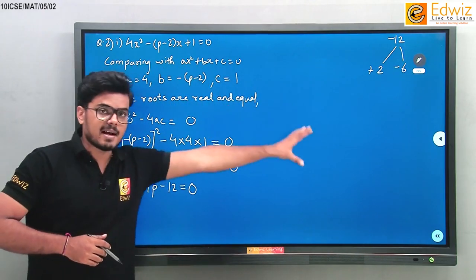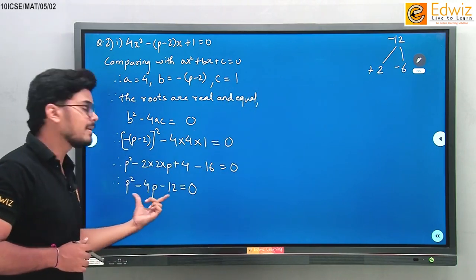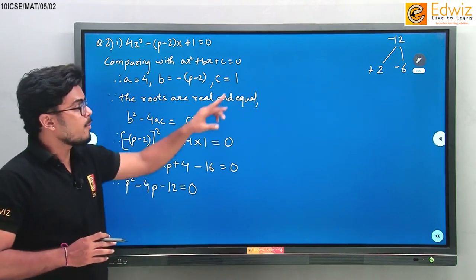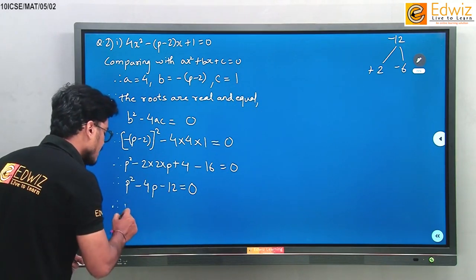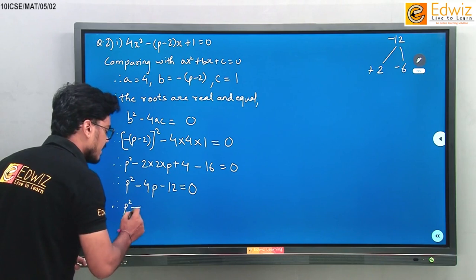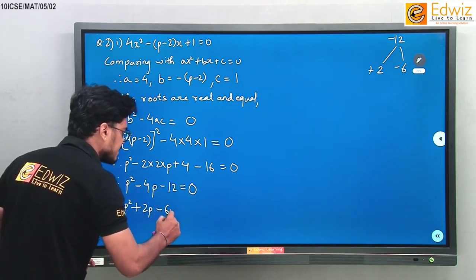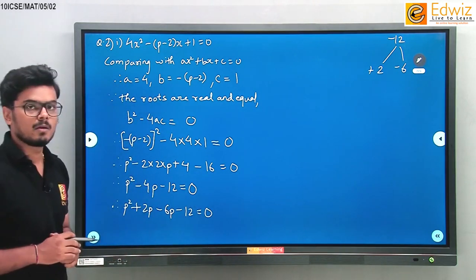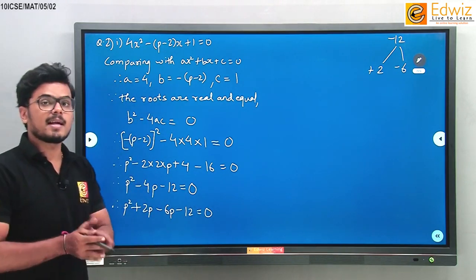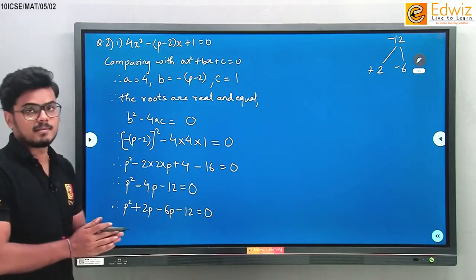Once I have found these factors, you can use them to split the middle term. So, plus 2 and minus 6, I will use here to split the middle term. It will become plus 2p minus 6p minus 12 equal to 0. Okay? Until now, the part about how to solve a quadratic equation has not come yet, correct?